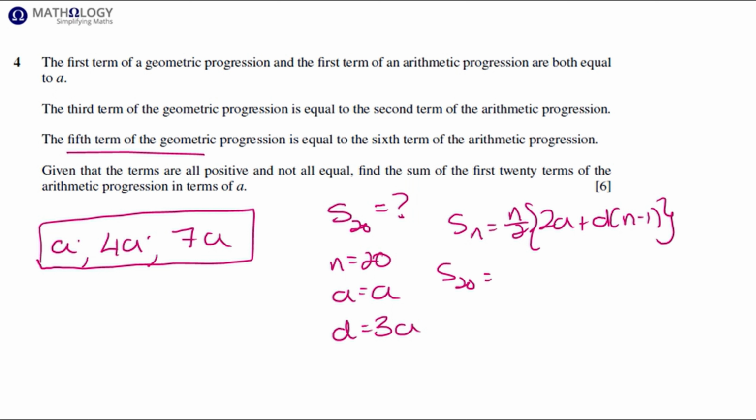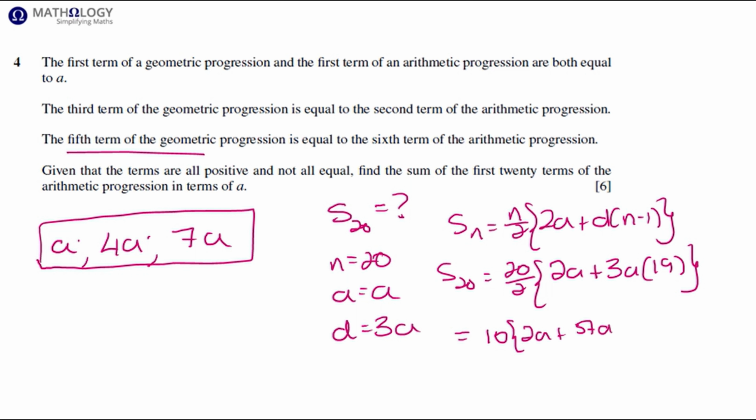The sum to 20 terms is therefore 20 divided by 2 times (2a plus 3a times (20 minus 1), which is 19). That equals 10 times (2a plus 57a), 10 times 59a. So the sum to 20 terms is 590a.